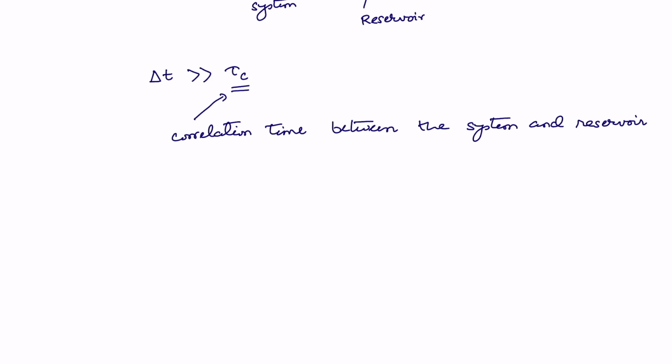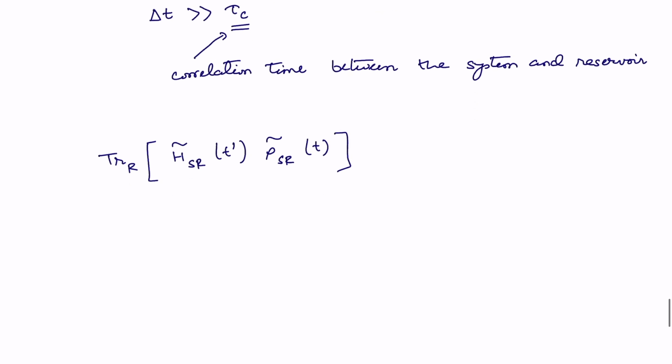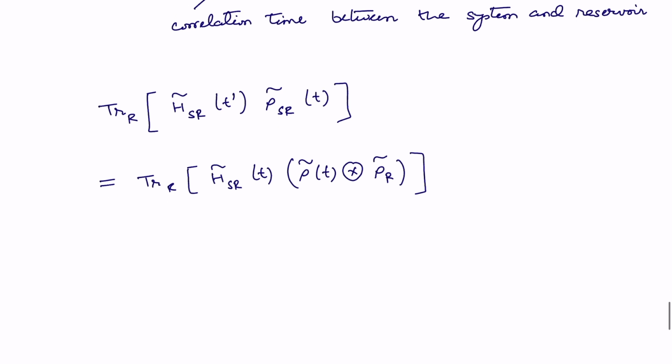Therefore we write the trace over the reservoir of h tilde SR at t dash and rho tilde SR at t. This I can write as trace over r of h tilde SR at t, where rho tilde SR is rho tilde at t tensor product rho tilde r, and this gives me rho tilde after tracing over the reservoir only.